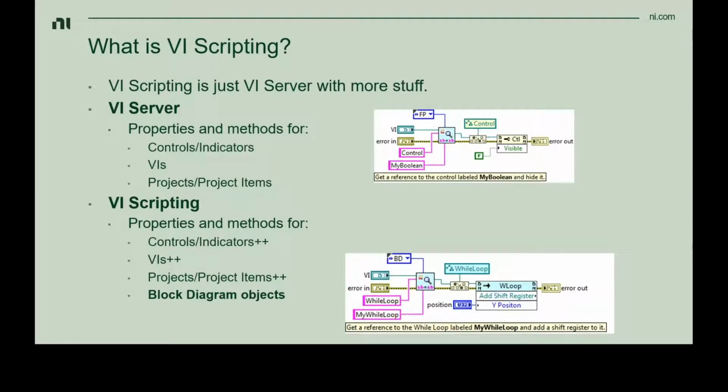Once again, we are using a VI to search for a while loop on the block diagram. And when we find it, we are using an invoke node to call a method to add a shift register to the border of that while loop. So you can see the bottom picture is scripting code. The top picture is regular VI server code. They look like the same thing. It's just some new stuff that you can do with scripting.